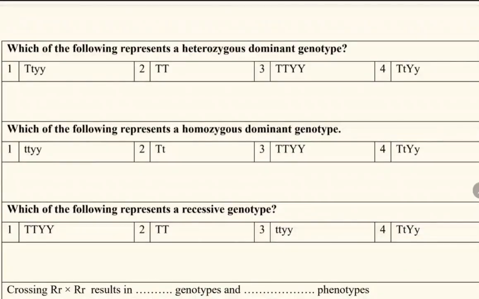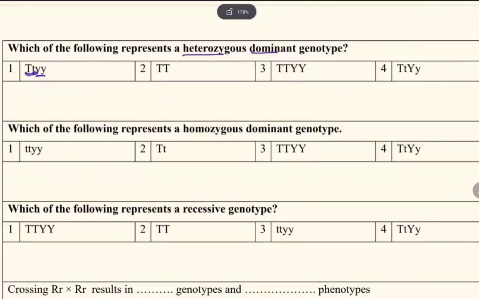Let's answer these questions. It says, which of the following represent a heterozygous? Hetero means different. Dominant genotype. So this is not the first hetero, but the second no, homo. And it is recessive. So this is dominant and recessive.